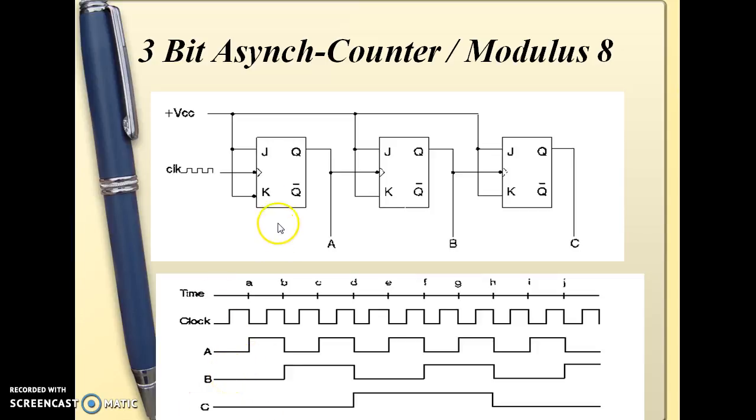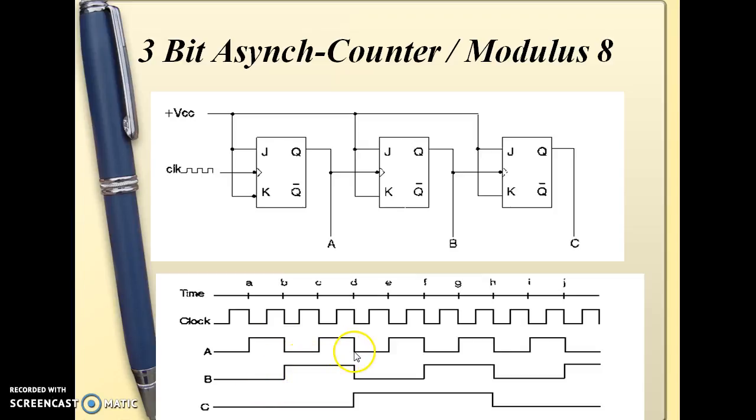So when the first clock input hits, the output A toggles from 0 to 1. For the next clock input, it will toggle from 1 to 0, 0 to 1, likewise. This is connected as the clock input of the second JK flip-flop. So when the output A toggles from 1 to 0, the B output toggles from 0 to 1.